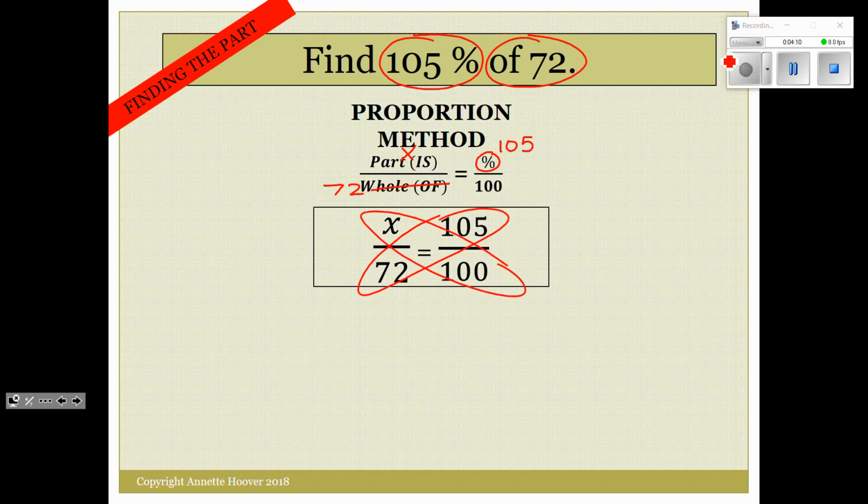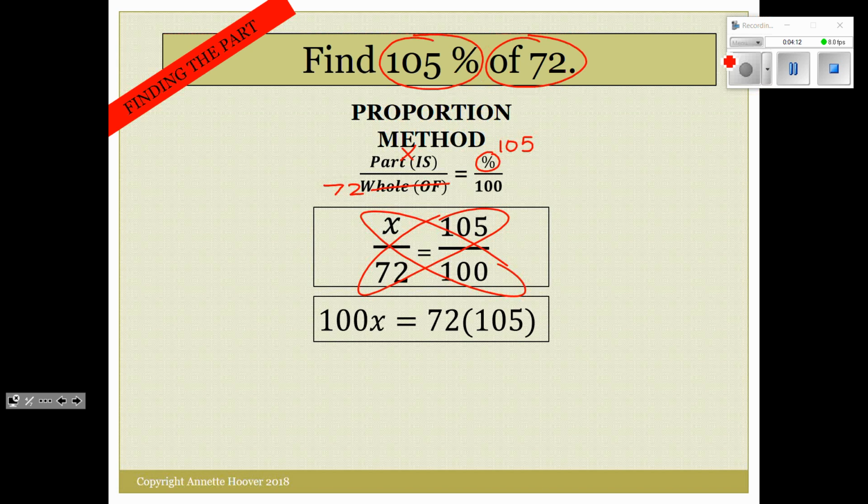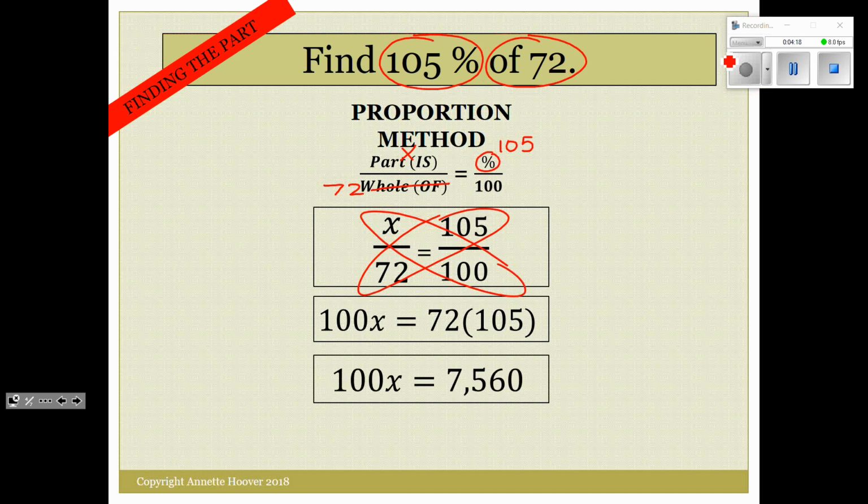So on one side of the equation we're doing 72 times 105, and on the other side we have 100 times x, or 100x. When you multiply 72 times 105, you get 7,560. Now you divide both sides by 100, and it is 75 6/10. So 105% of 72 is 75 6/10.